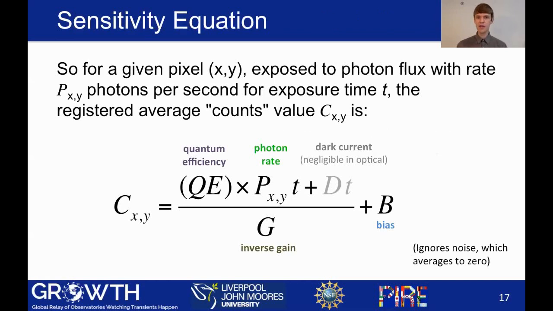Summing this all up in quantitative terms, the counts or ADUs that are registered by a detector at the end of an observation can be described by the following equation for each pixel within a device.